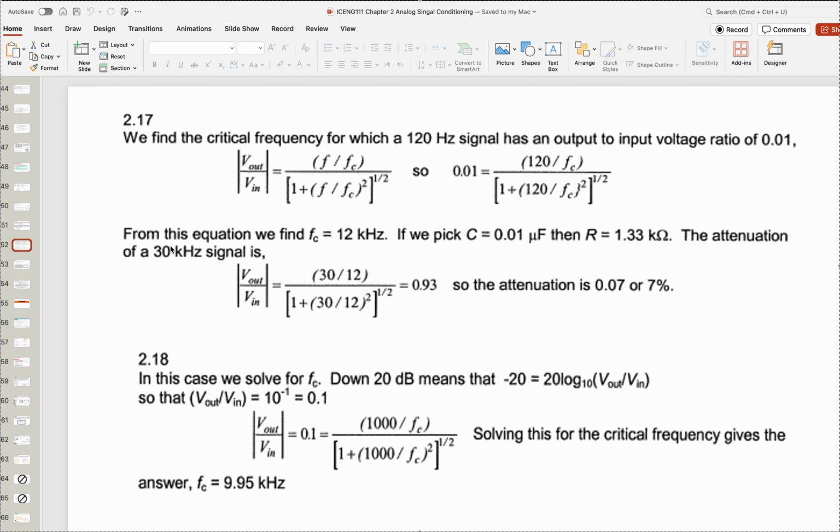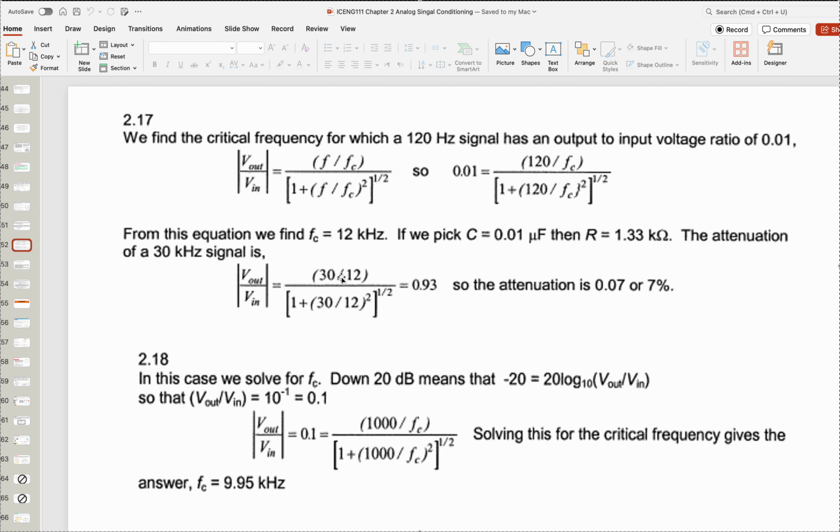Now, if we are getting a 30 kilohertz signal, which is through a high pass filter, I'm guessing that this 30 kilohertz should pass by because 12 kilohertz is the cutoff frequency.